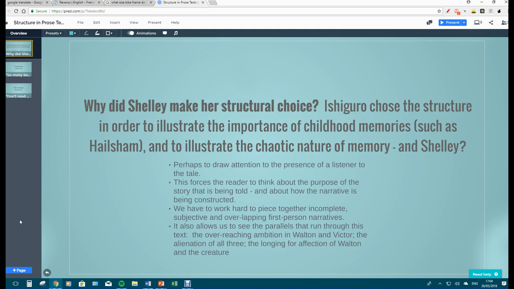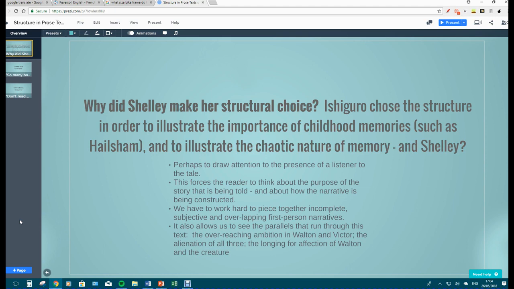And each time, if you've got an addressee, you've always got to think about why the story is being told, how this might affect the way in which the story is being told, and it makes you think about the way in which the narrative is being constructed.